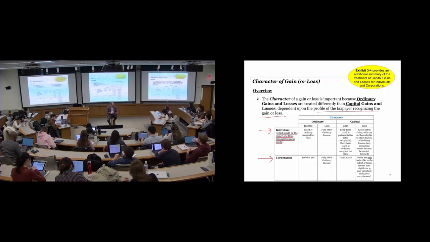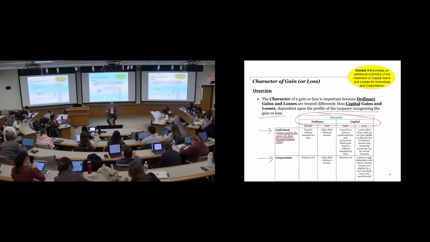So the character is the top part here, and I have ordinary or capital, and within ordinary and capital, I have income, loss, gain or loss. Right? That's my two options under each one. And then I have individuals and corporations as my rows. So if I have ordinary income, and it's recognized by an individual, so I'm in this box here, that's taxed at ordinary marginal tax rates.